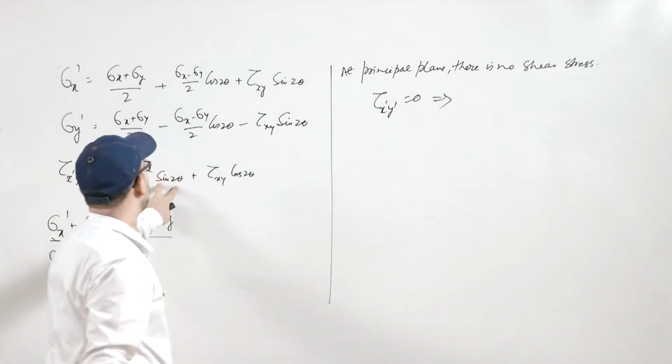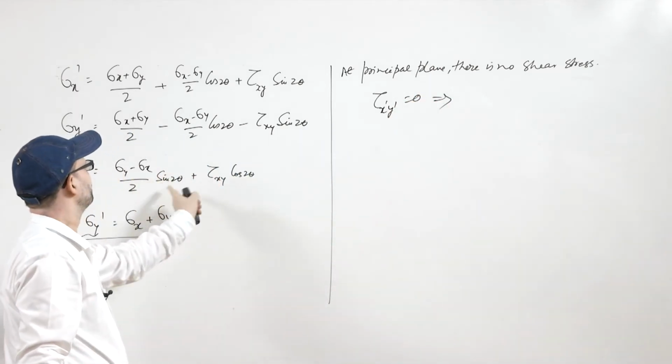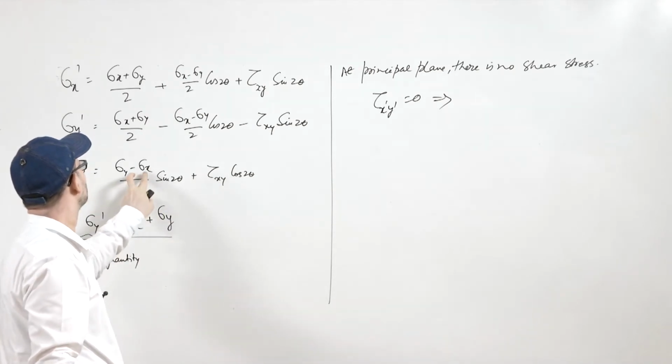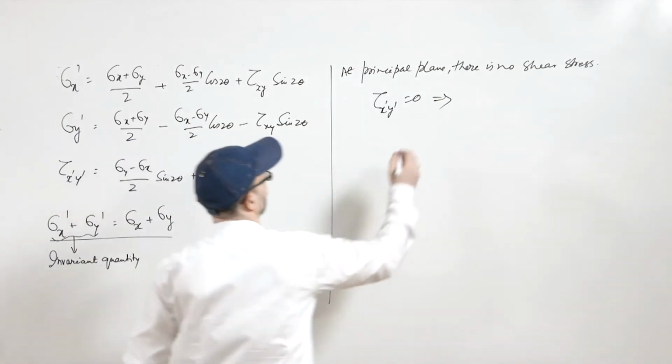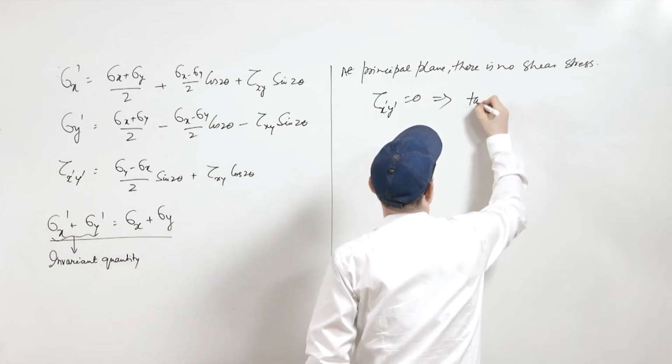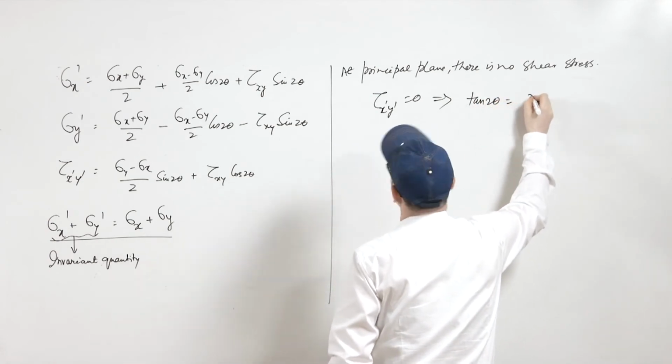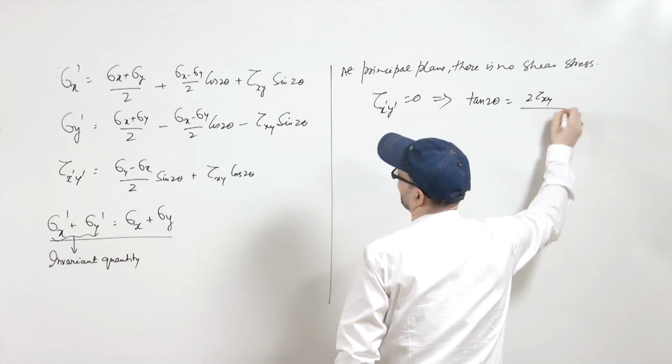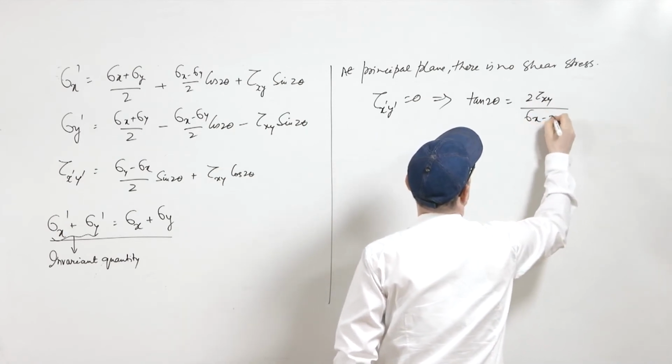Then sin 2 theta by cos 2 theta is tan 2 theta, so this side it will be 2 tau xy and the sign changes. So tan 2 theta equals 2 tau xy divided by sigma x minus sigma y.